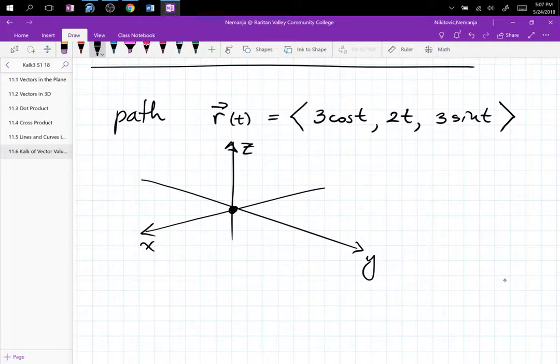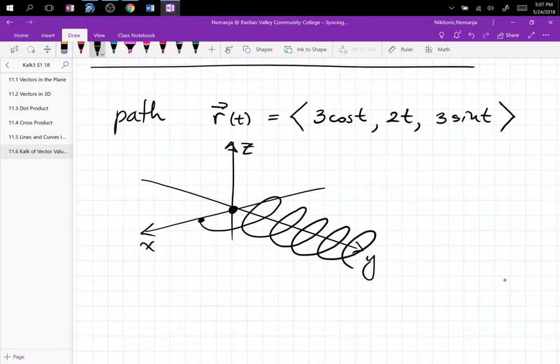The helix, so cosine at 3, will start at 3 on the x-axis, right? Because for t equal to 0, cosine is 1, 3 times 1 is 3, z would be 0, so it starts here. And it's going to wrap around the y-axis.